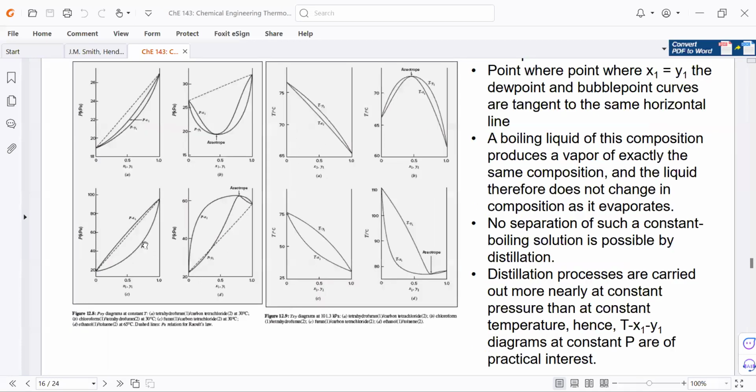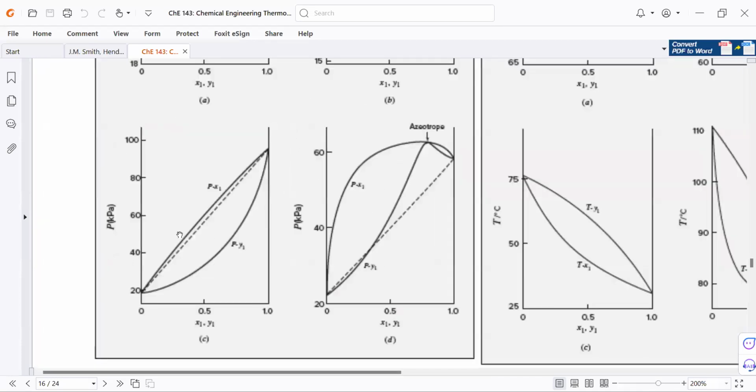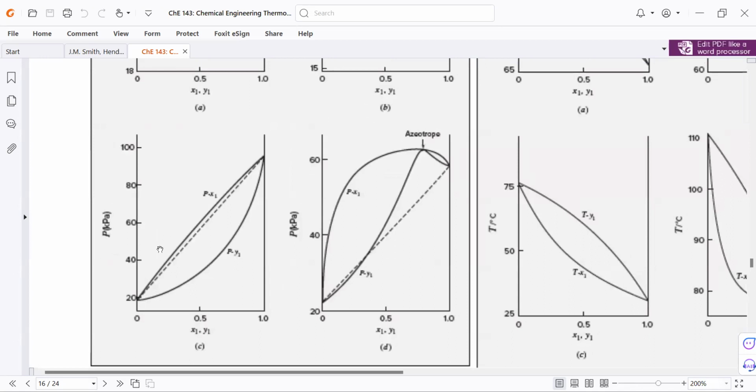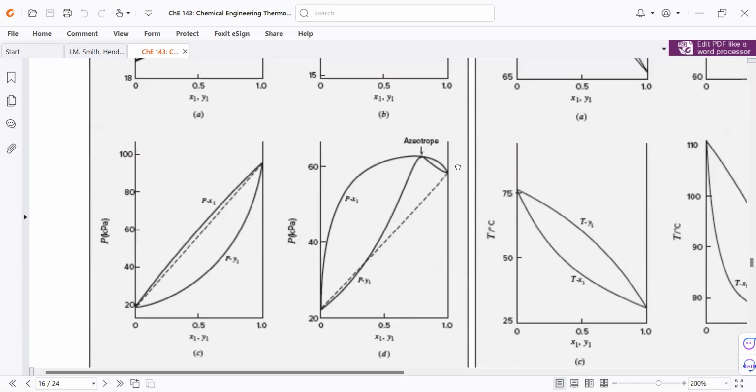We have another example wherein the Px curve lies above the line which obeys Raoult's law. System C is furan carbon tetrachloride. The Px lies above the Raoult's law line, and then we have another situation wherein the deviation from linearity causes a maximum.